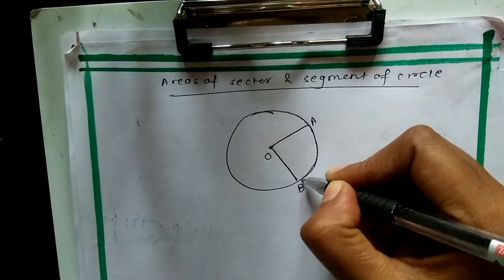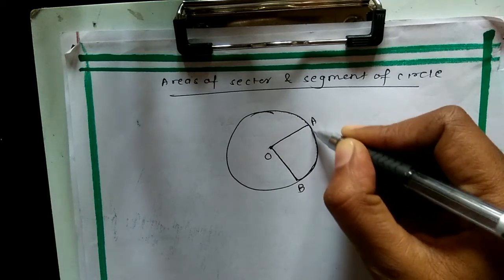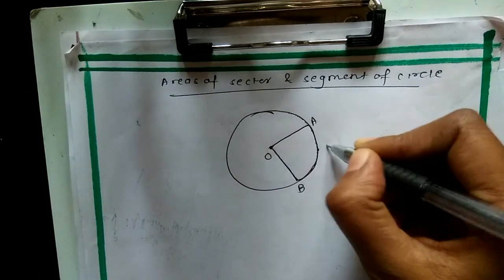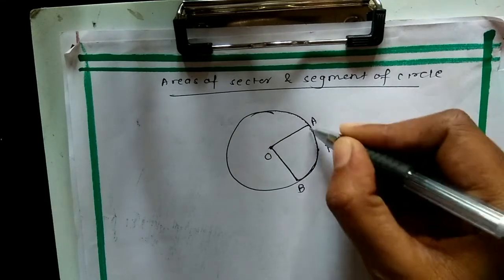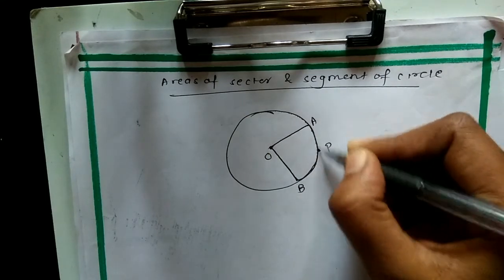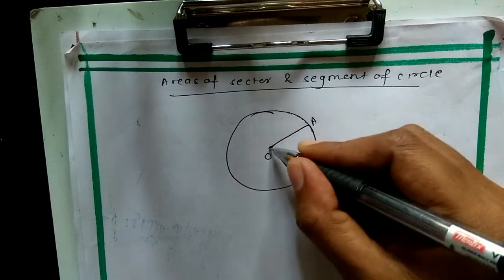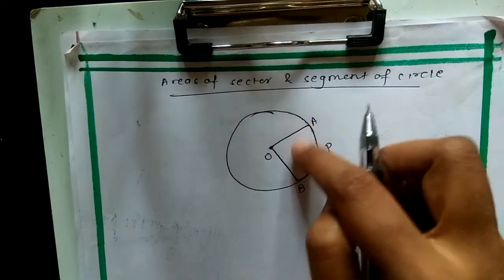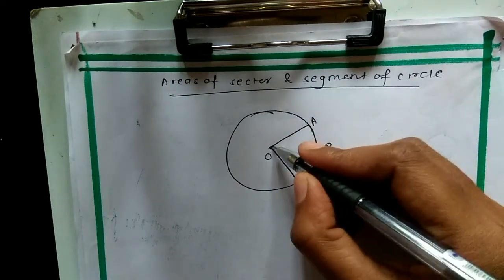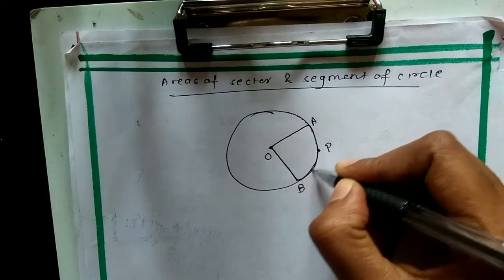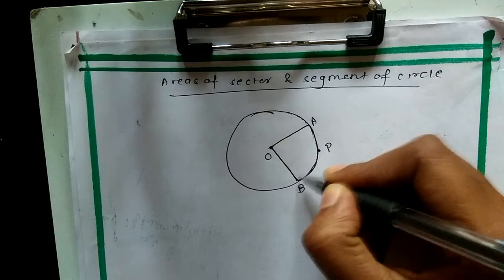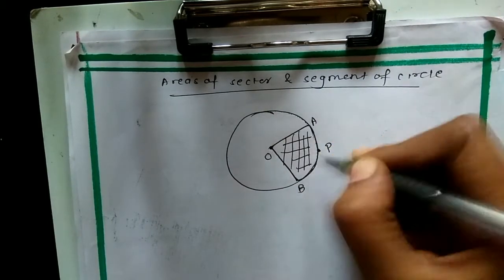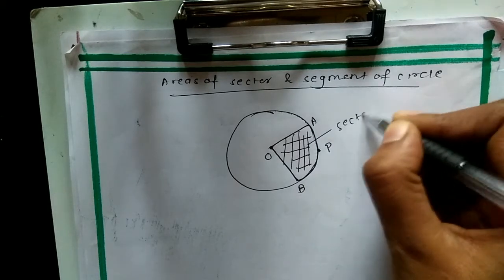The corresponding arc is AB, but for more confirmation I'll take this as APB. So this is the arc and these are the corresponding radii, and the sector is a part of a circle which is bounded by two radii and the joining arc, the corresponding arc APB. So this shaded part is called the sector of circle.